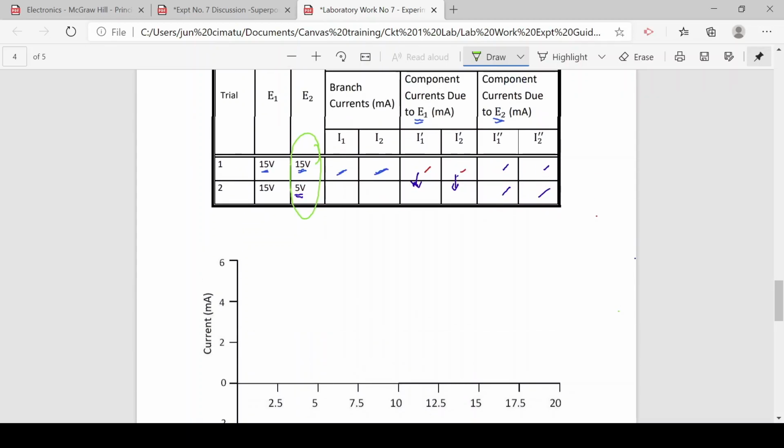This is a plot of voltage E2 against the changes in currents in the circuit.